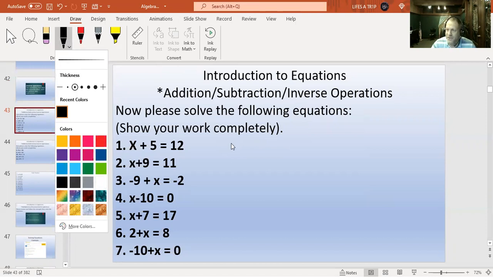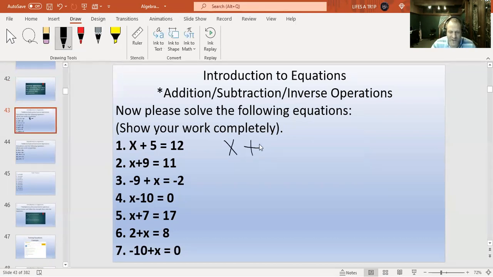We're going to do a continuation of last video. So x plus 5 equals 12. Now we need to do the cancellation method, which is called the inverse operation.